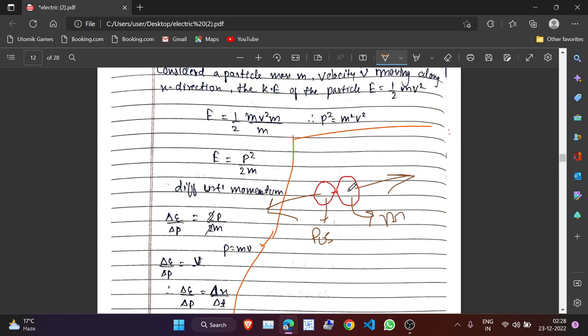You can determine the momentum of this particle. You can determine the position of this particle, because you are not defining the momentum and position of the same particle. You can determine only one quantity. So either you take the position of this particle and the momentum of this particle, and you know very well that they are mathematically inclined.